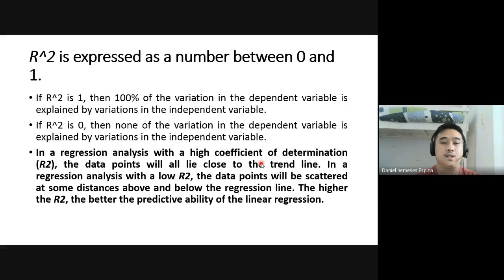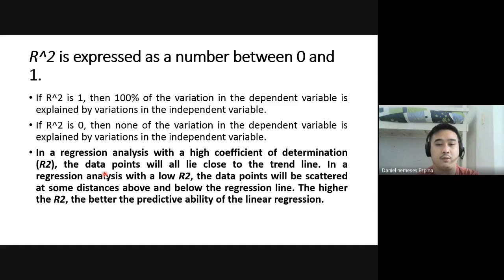So in a regression analysis, the high coefficient of determination, so magkataas ang COD, pag imo na siyang i-graph, so the actual data points is very close to the regression line. So almost nga naa na gyud siya within the regression line.